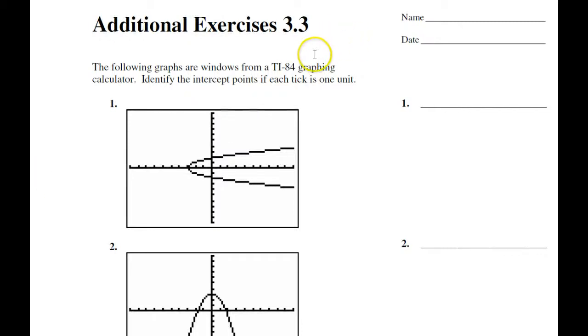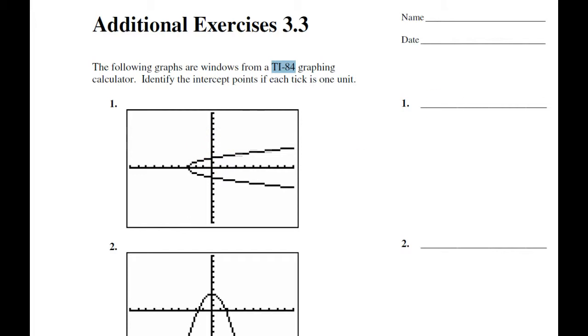As we continue with section 3 of chapter 3, this section is on intercepts. And here is a screen view of a TI-84 graphing calculator, and it's showing us some intercepts.